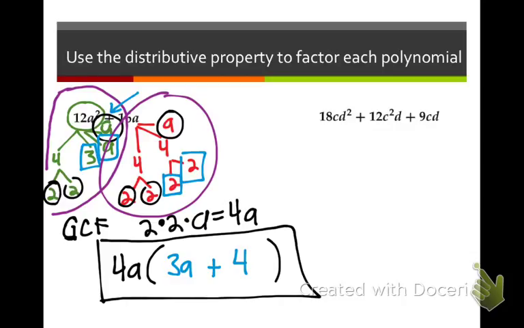Let's go ahead and do another one. I'm going to go a little bit faster. So first I'm going to get the factoring tree of 18.